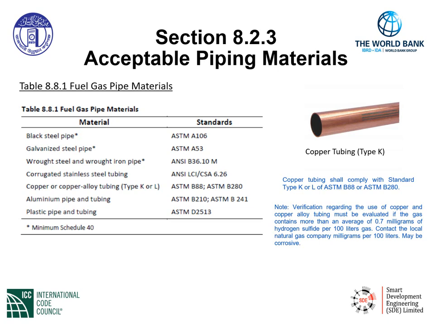Now, just a note, verification must be obtained from the designer prior to using copper or copper alloy tubing, due to the fact that in some cases, if the gas contains more than an average of 0.7 milligrams of hydrogen sulfide per 100 liters of gas, you need to contact the local natural gas company to find out exactly what the concentration of hydrogen sulfide is.